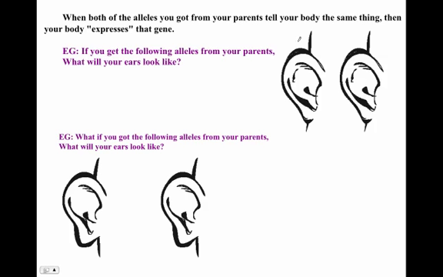For example, let's say your mom had attached ears and your father had attached ears. What would your ears look like? Well, of course, they would be attached. And what if you got the following alleles from your parents? What will your ears look like? Unattached, unattached, then of course your earlobe will also be unattached.